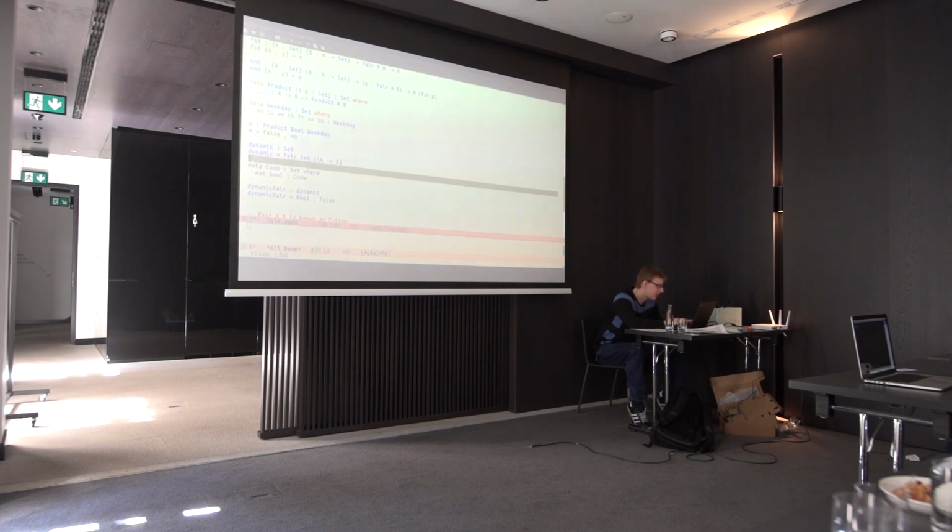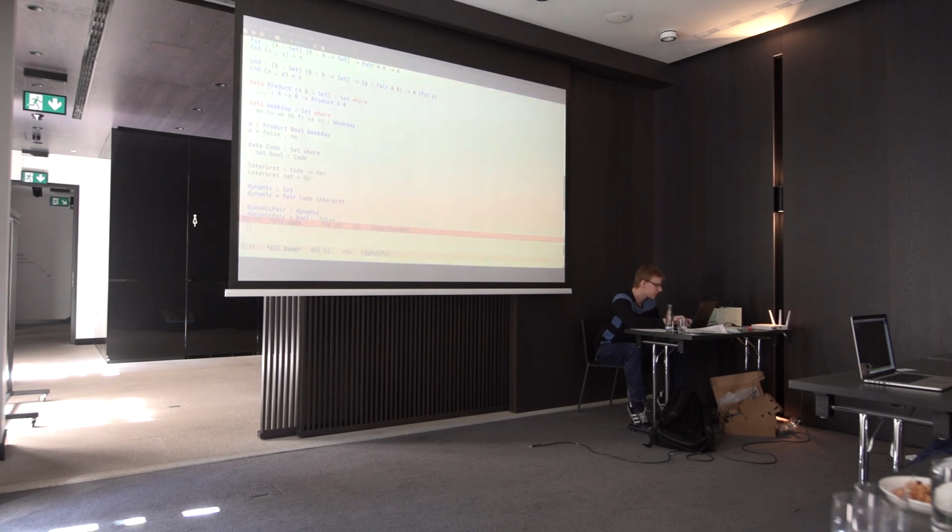And I will redefine my dynamic type to contain a pair of code. And I need a function here, interpret, that will interpret a code and will give a set. Notice, if you think in terms of Haskell, this is a value and this is a type, right?